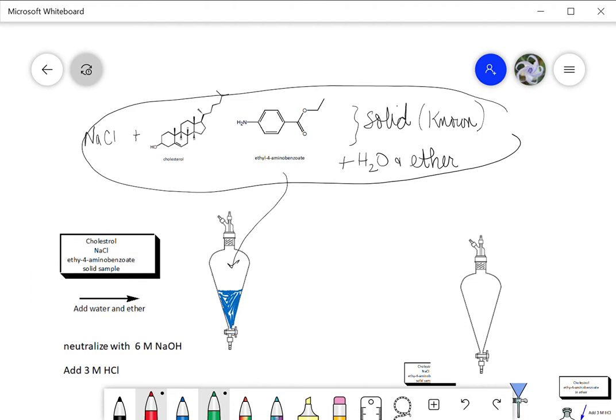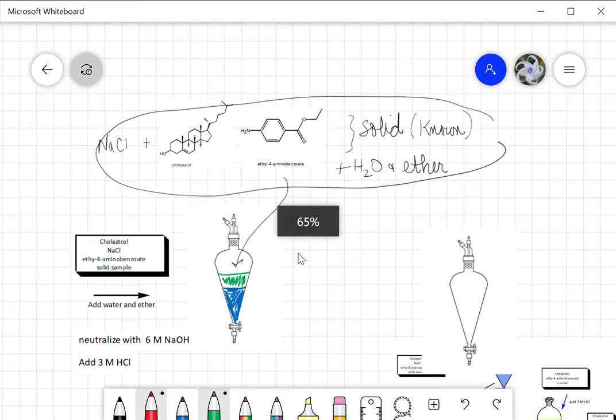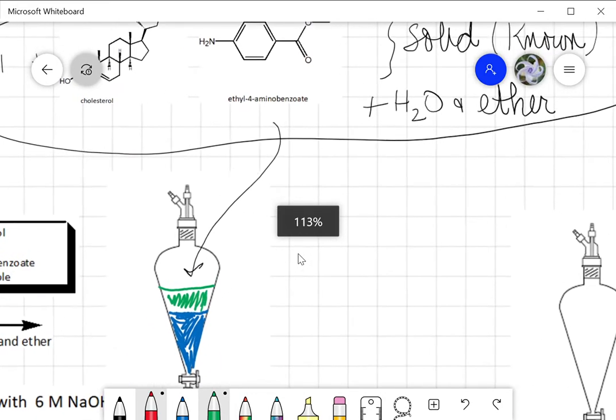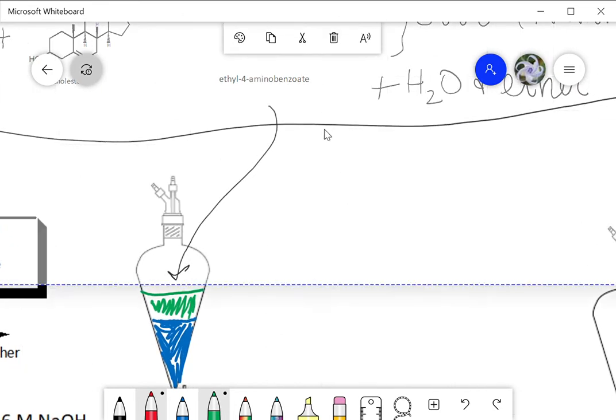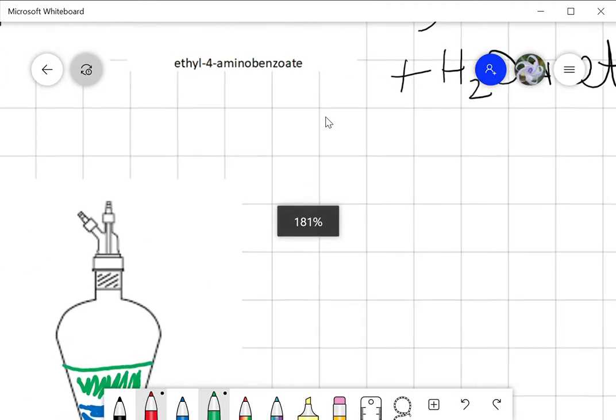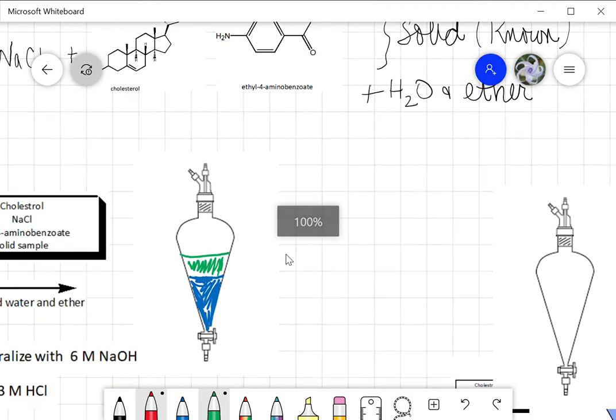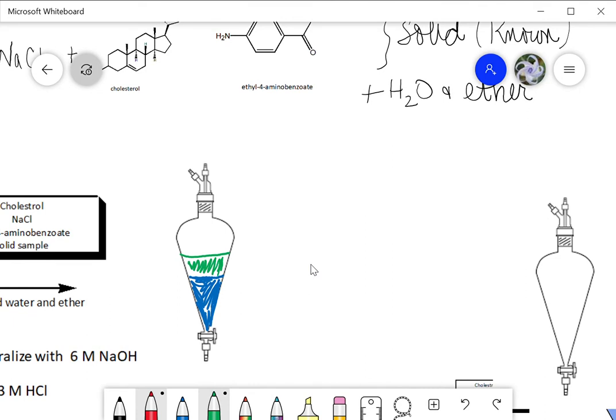And our solutions are not going to be green and blue, but we're going to do it just so that we can see it a little more clearly. So our samples, or our components, are now in these 2 different phases.